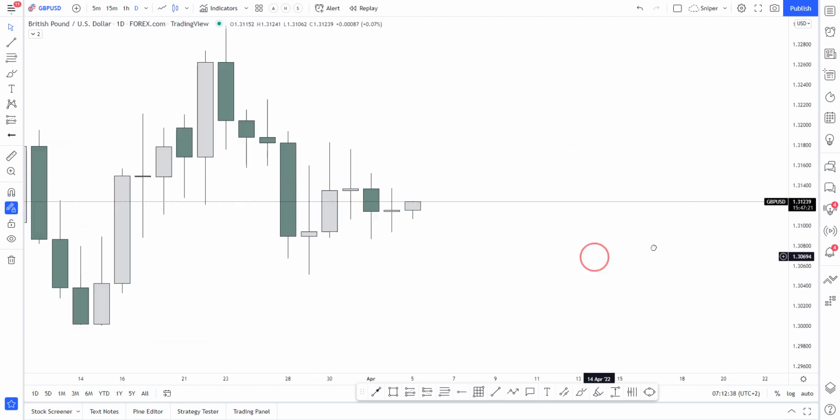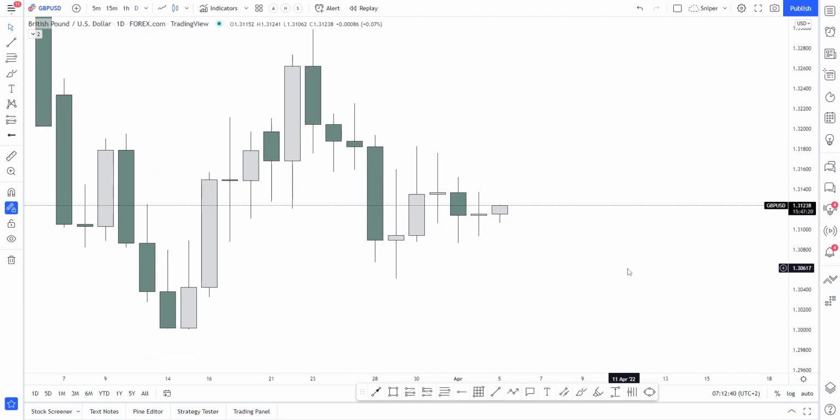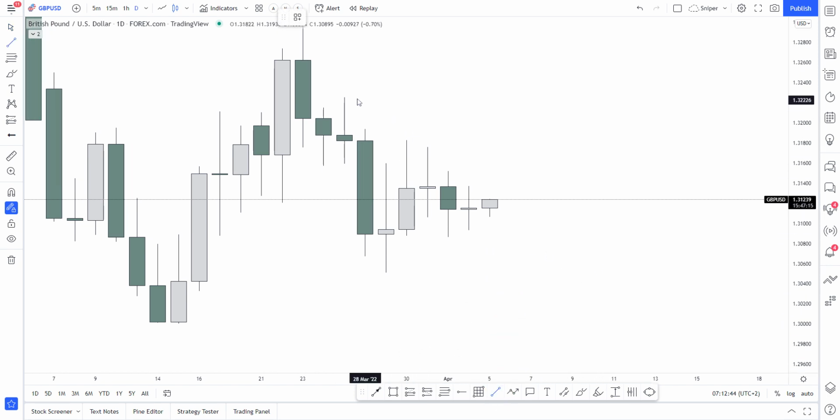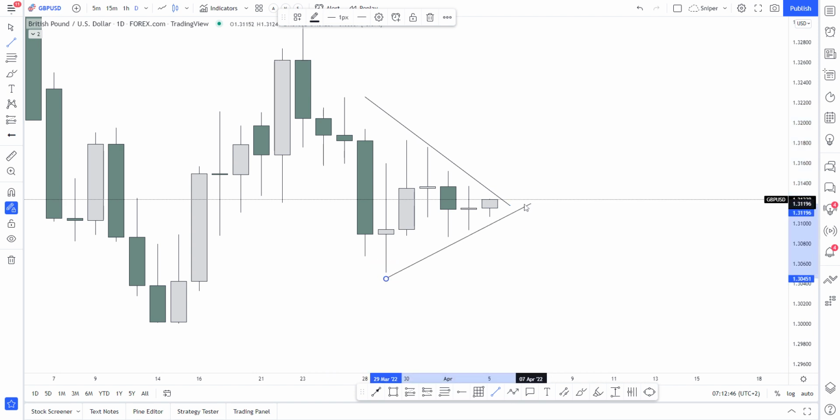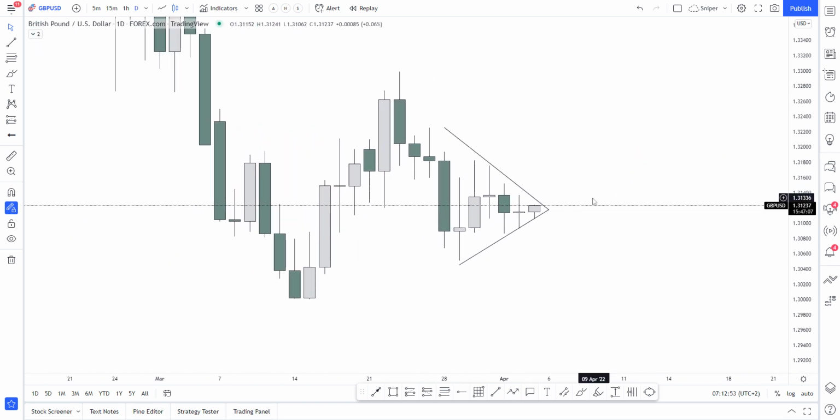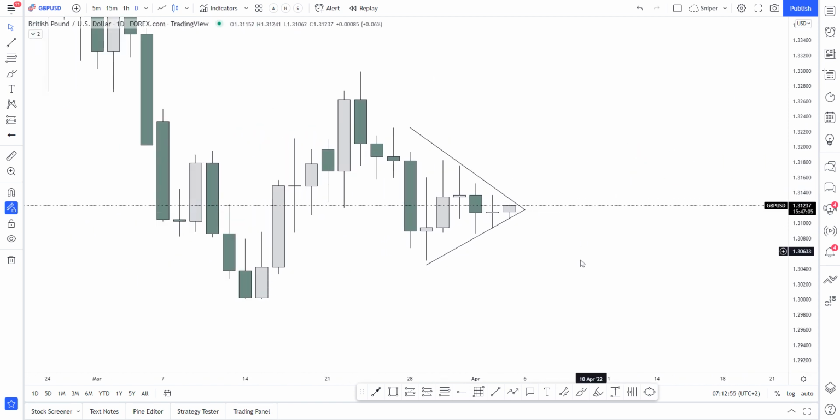So starting off on the daily, it's very clear to see that we are ranging, or we're creating, let's call this a triangle formation. We can see price is kind of squeezing into some point. Probably some of you might be more familiar with patterns, but I'm not familiar with patterns. I do not know patterns. So don't comment down and say that's not a wedge or whatever.